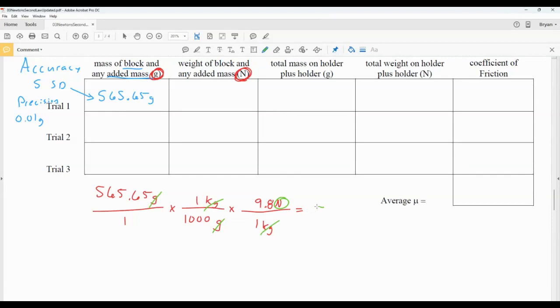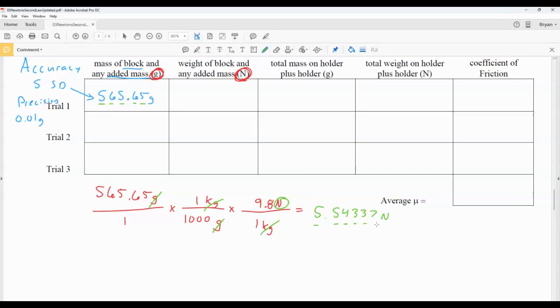The answer we get from this is 5.54337 newtons. But here's the thing, that's got a lot of numbers in it. What I was converting from originally had 1, 2, 3, 4, 5 significant digits. And that means that when I convert it, when I find this weight here, I still need to have 5 significant digits.